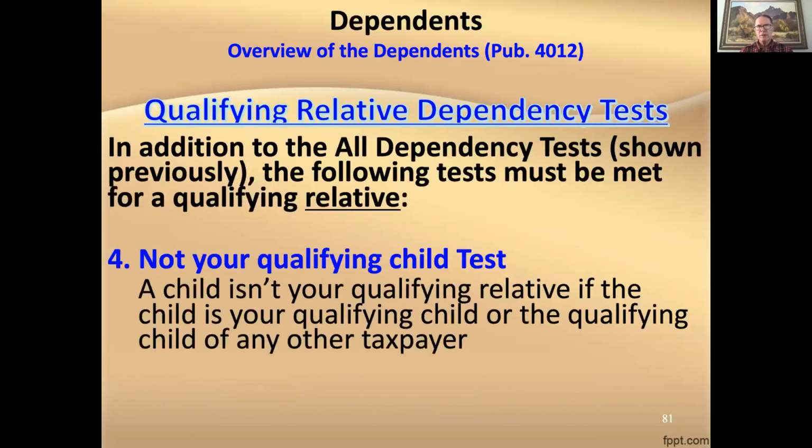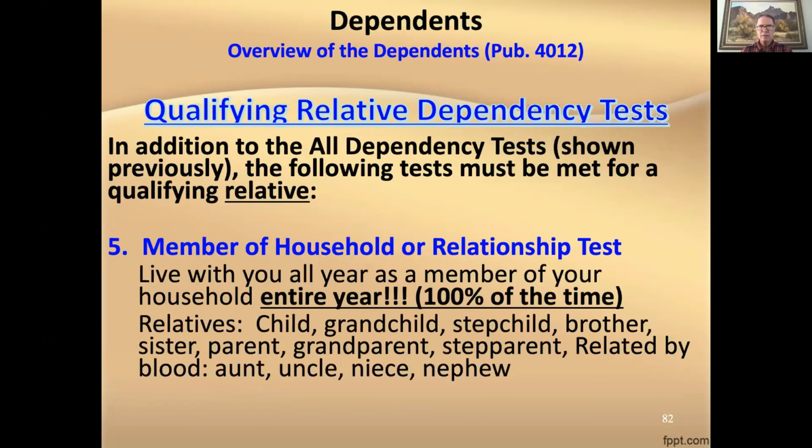Then you had the first three for any kind of dependency, and now this is for a relative who is a dependent. First off, if they're a relative, they're not your qualifying child, because if they were your qualifying child, you'd have them already listed. But this is the member of the household if they lived with you for the entire year.